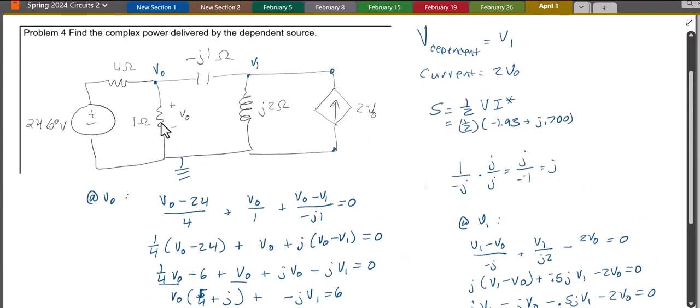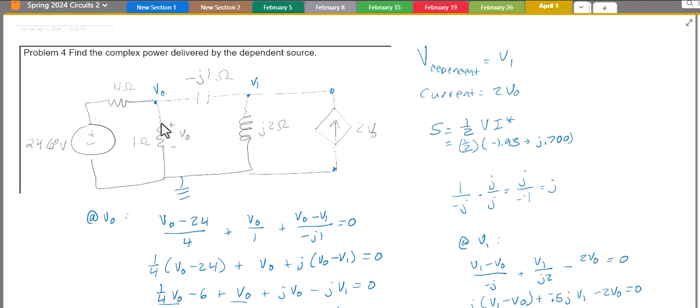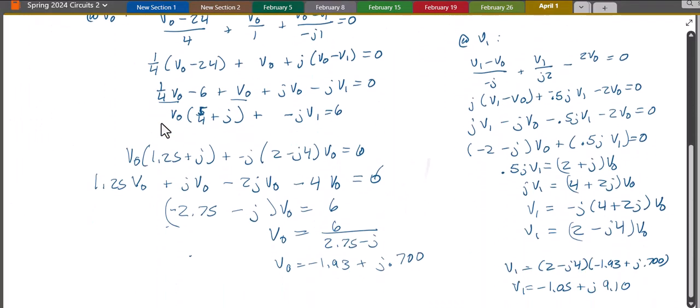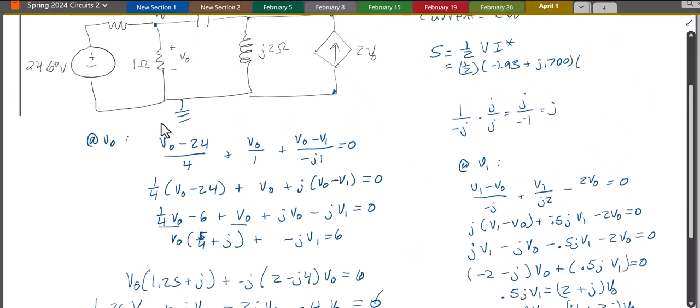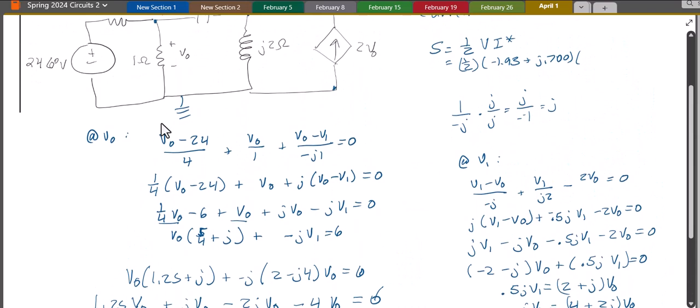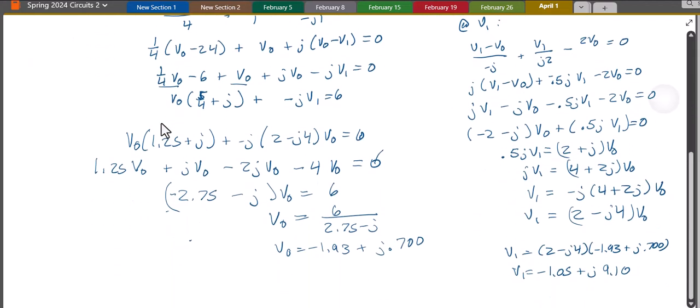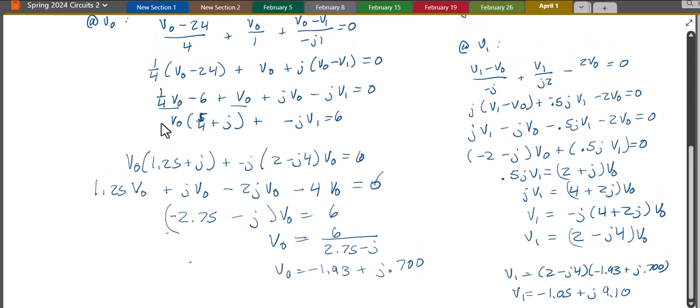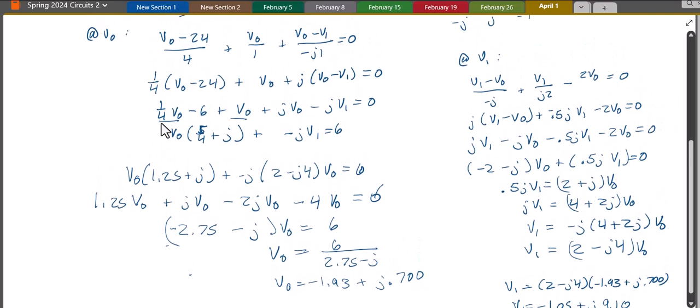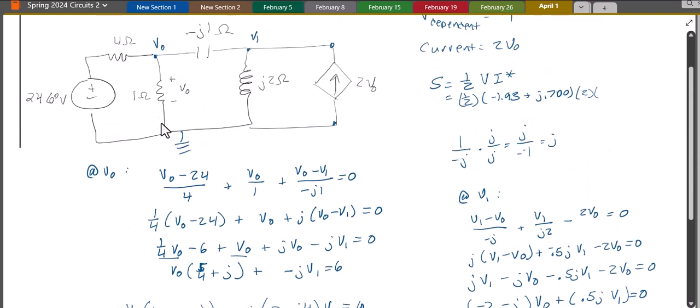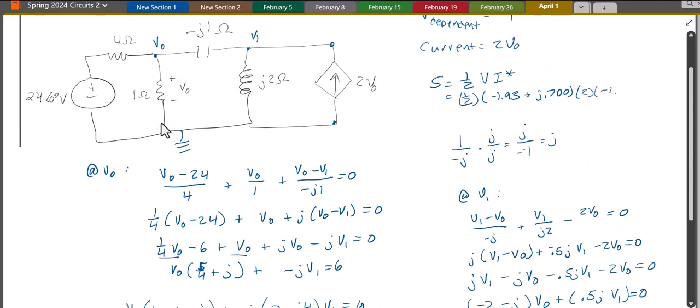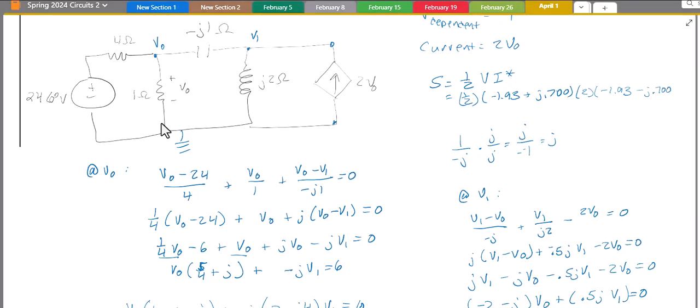And then I conjugate, so I is 2V0, and so I conjugate will be 2V0 conjugate, so minus 1.93 minus J 0.700.